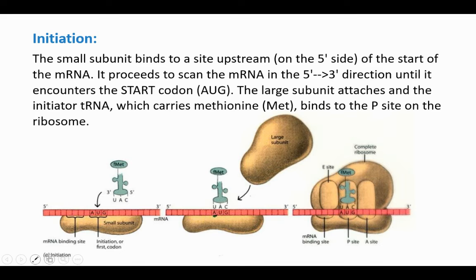And AUG is equivalent to methionine. So, nakatapat na siya doon, si small ribosomal unit. Okay, nakita ko na si AUG, start na tayo, tatawagin niyo na yung transfer RNA. Tapos, saka papasok si large ribosomal unit. Okay, and it starts with the P site.